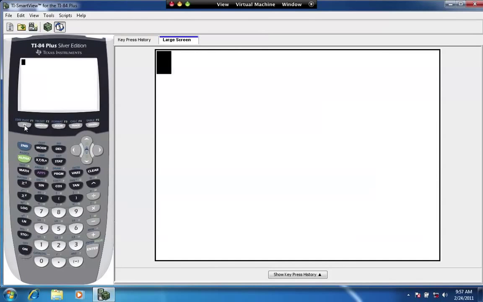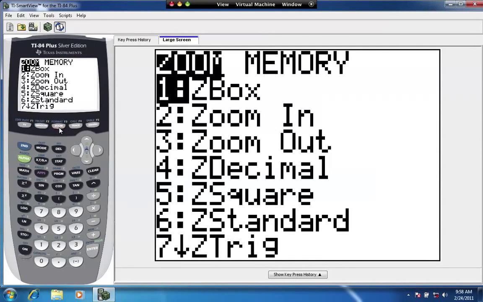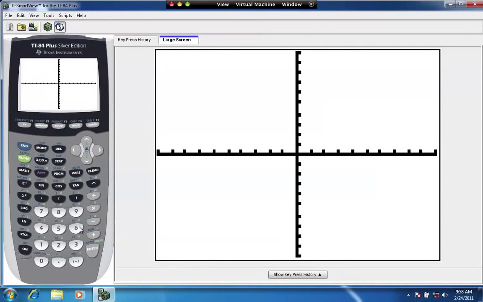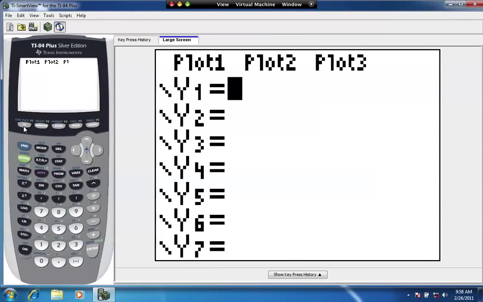First, I always put myself into standard zoom before I graph anything, which is a 10 by 10 graph. It's negative 10 to positive 10 on the x, negative 10 to positive 10 on the y, and then press Y equals. I'm going to graph the absolute value function.